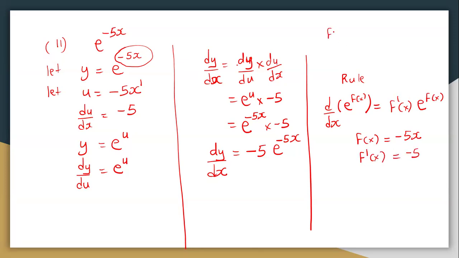Do not forget that f prime means you are differentiating one time. So now when I go back here, I can say that d/dx of e power -5x will equal our derivative, which is -5, then write back your original function. So this is the second approach you can use, or using that simple approach. So that is how we differentiate. Let me hope we are on the same page.